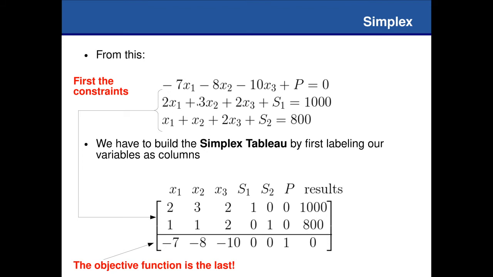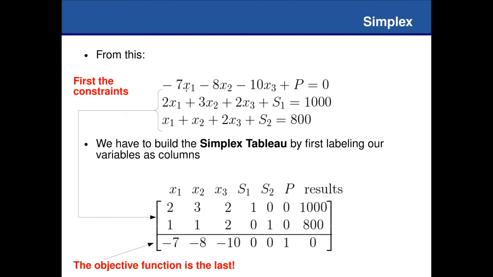So here we have 2, 3, 2, 1, 1000. Here we are going to have 2x1, 3x2, 2x3, 1 for S1, 0 for S2, 0 for p, and 1000 as a result. Second constraint, 1 for x1, 1 for x2, 2 for x3, that is 1, 1, 2. S1 is 0, S2 is 1, P equals 0, and results equal to 800, as you see here.